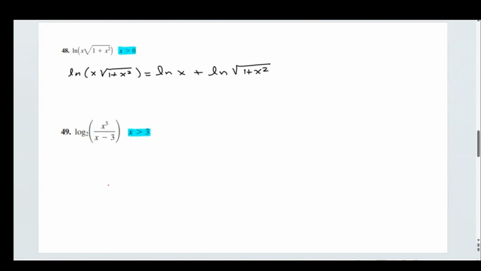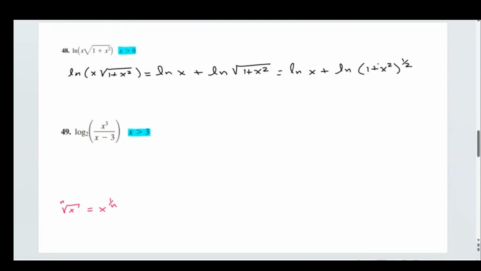So remember, the nth root of x is x to the power of 1 over n. So the square root can be written as ln of x plus ln of 1 plus x squared to the power of 1 over 2.